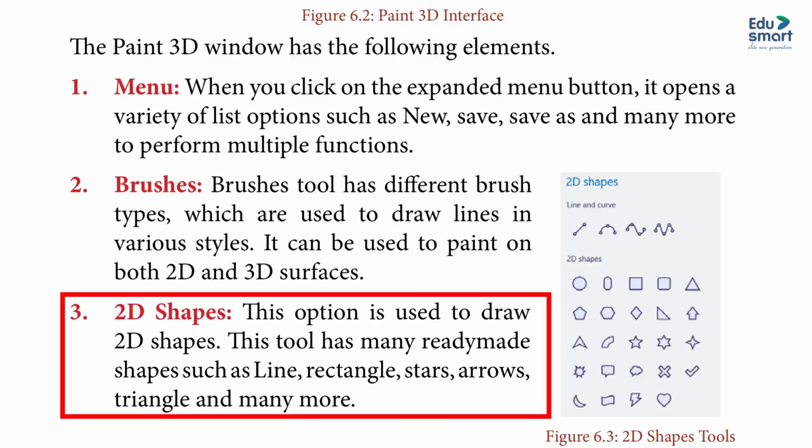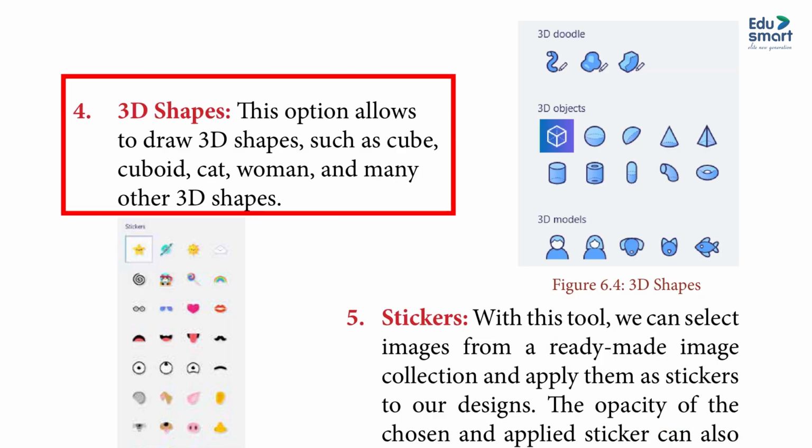3. 2D shapes. This option is used to draw 2D shapes. This tool has many ready-made shapes such as line, rectangles, stars, arrow, triangle, and many more. 4. 3D shapes.